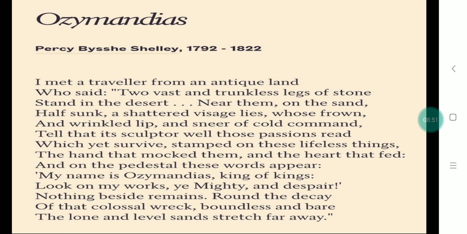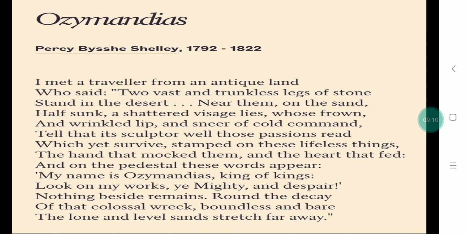Got it? Nothing beside remains. Round the decay of that colossal wreck, boundless and bare, the lone and level sands stretch far away. So nothing beside remains. Now he is gone, and it's lying round the decay.